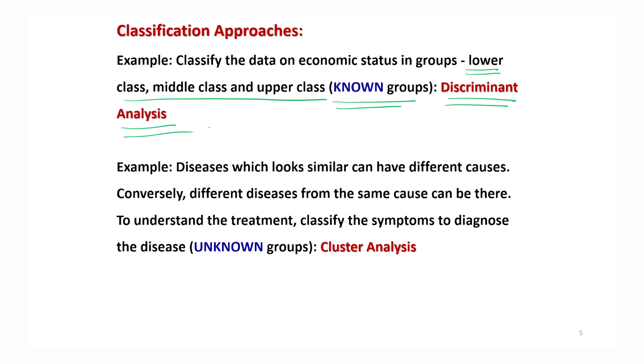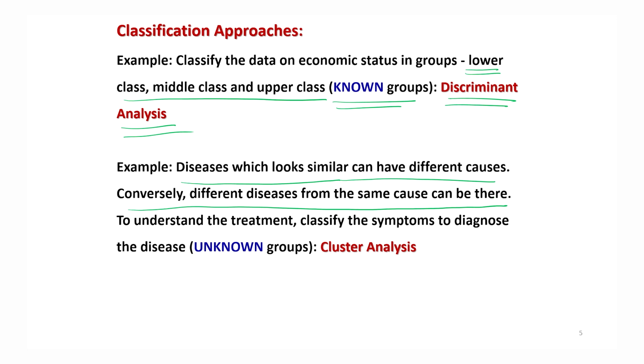But in another example, suppose there are some diseases which look similar. For example, if somebody is coughing, the coughing can be due to different reasons. There can be simply a cold and cough, or there can be tuberculosis, or some other disease. So diseases which have similar symptoms, similar causes, or conversely different diseases from the same cause can be there.